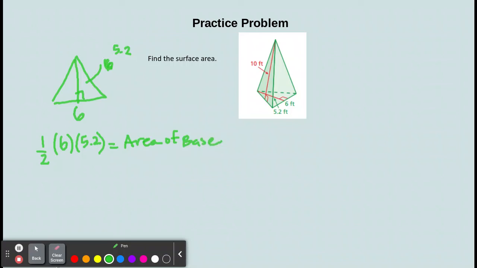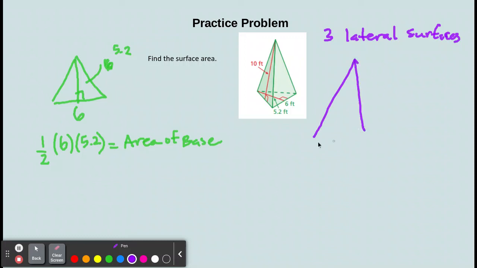Okay, now for the lateral surfaces. You have 3 lateral surfaces, 3 lateral sides. One of them looks like this, and it has a height of 10 feet and a base of 6.